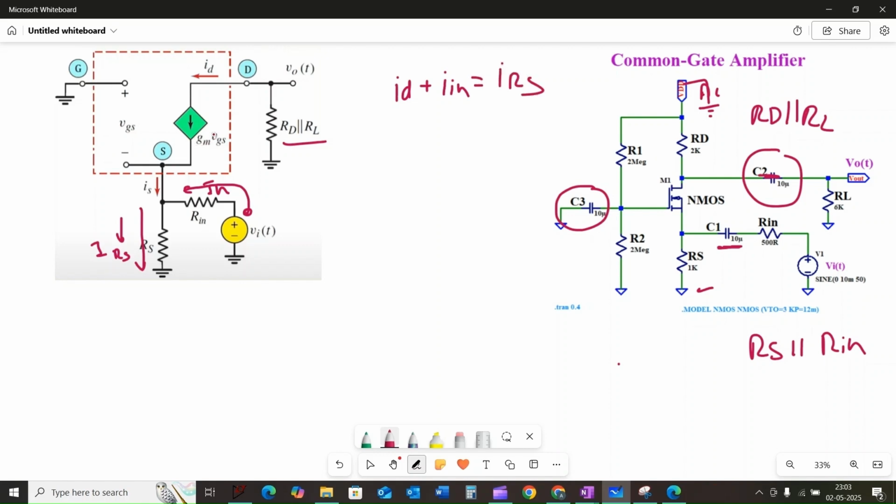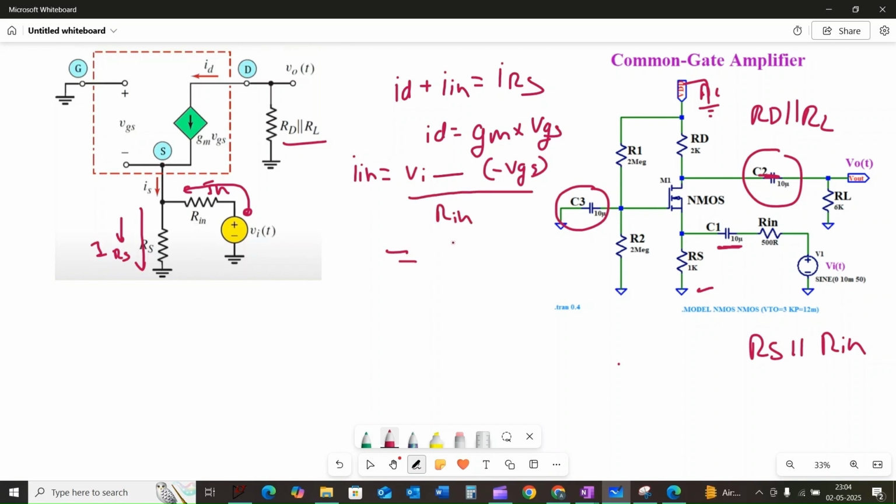The ID can be determined from the circuit, that is ID is equal to Gm into VGS, and the current In is equal to the input voltage Vi minus the voltage at this node, which is minus VGS because the negative terminal is the source node, divided by resistor Rin.